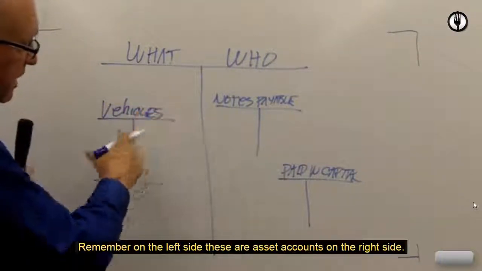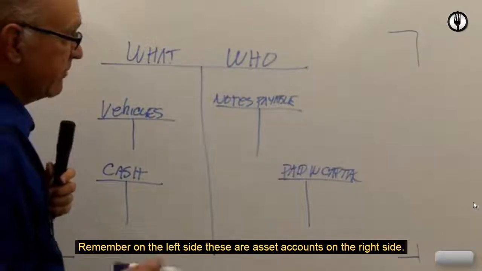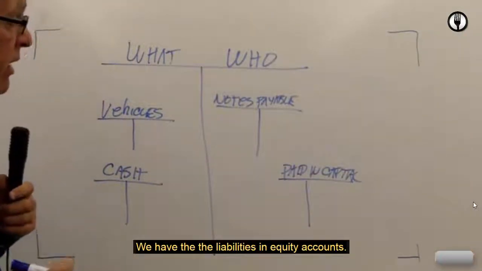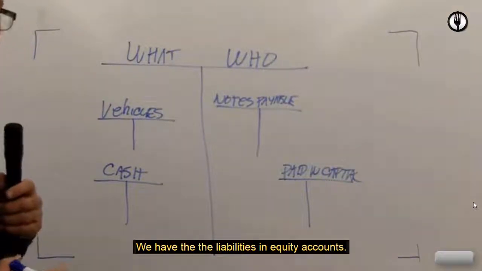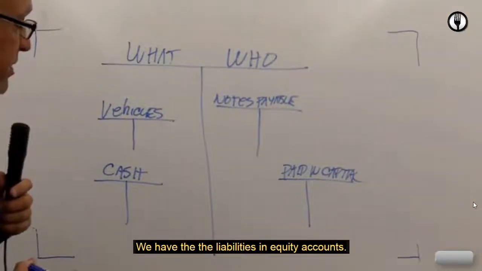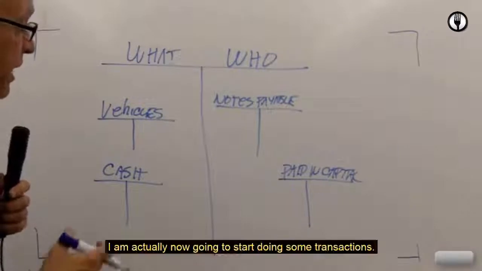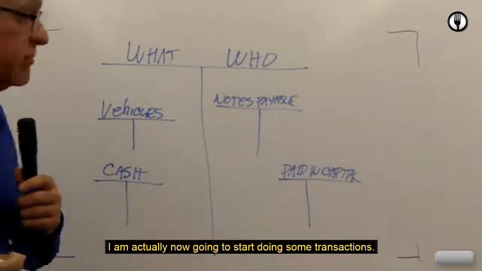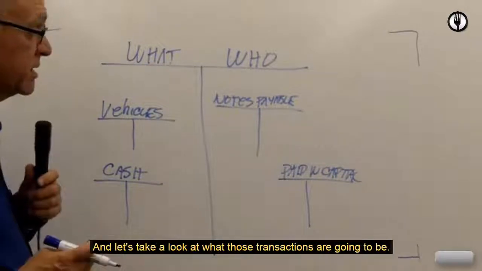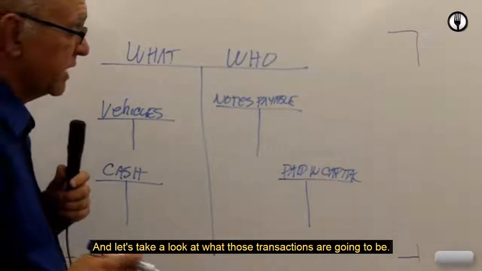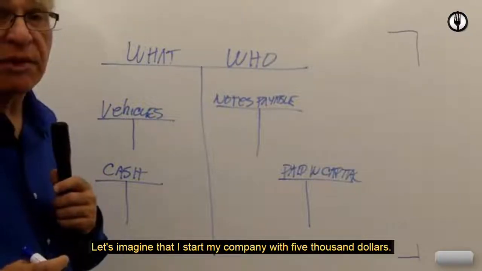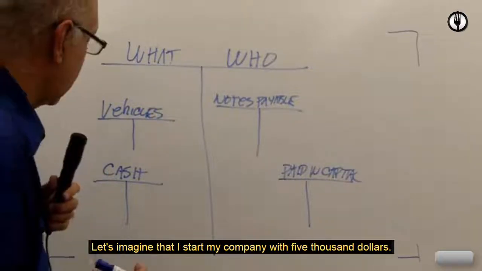Remember, on the left side, these are asset accounts. On the right side, we have the liabilities and equity accounts. I am actually now going to start doing some transactions. Let's take a look at what those transactions are going to be. Let's imagine that I start my company with $5,000.